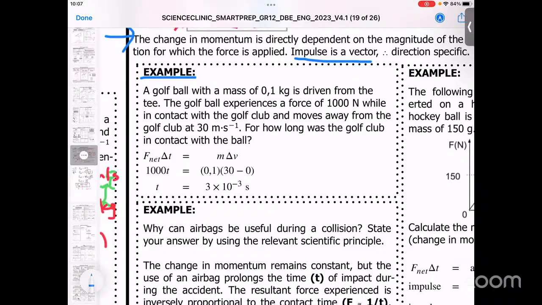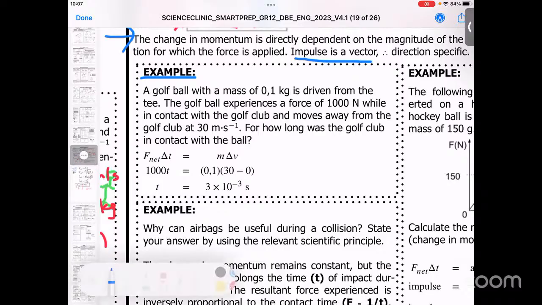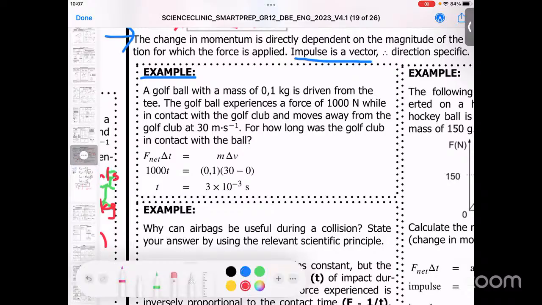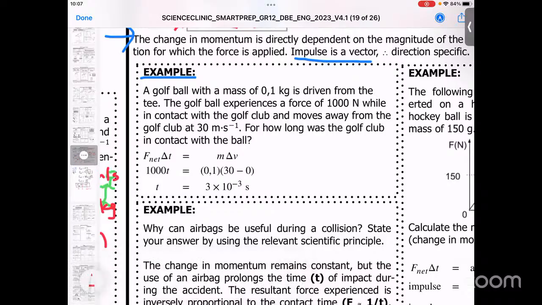So for how long was the golf club in contact with the ball? Can you see, we are talking about something that has to do with momentum. The moment force is involved, think of that formula of net force times time equals change in momentum. Always remember that formula where you are dealing with momentum and all of a sudden there's Newton involved.